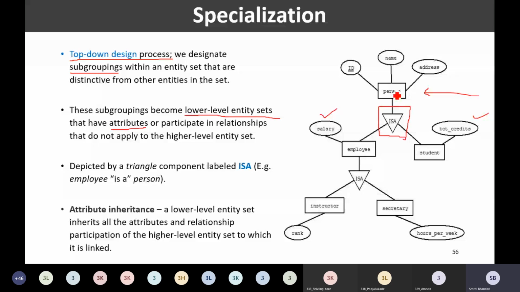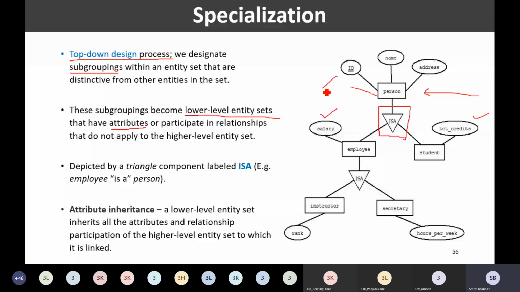And as I stated, the lower level entity set inherits all the attributes from the higher level entity sets. Also, the lower level entity set inherits the relationships in which the higher level entity set is participating.